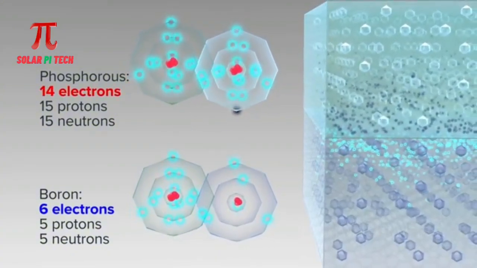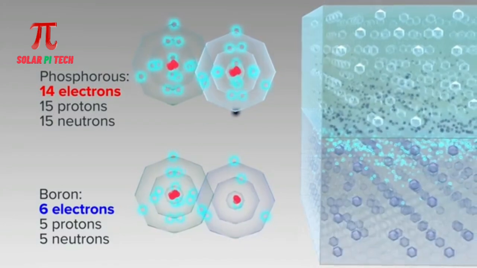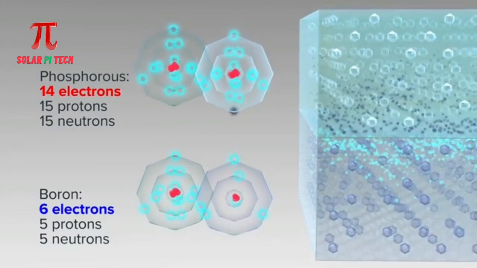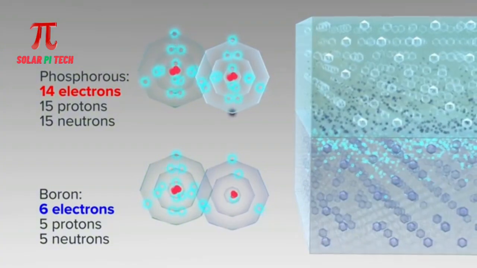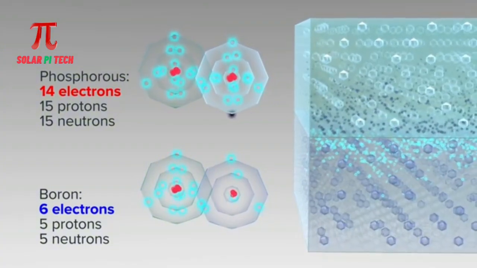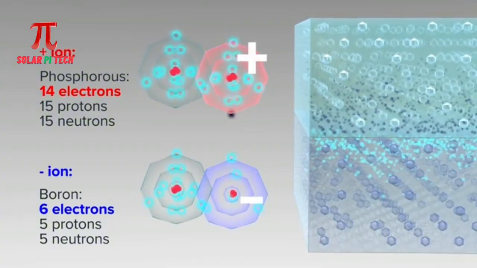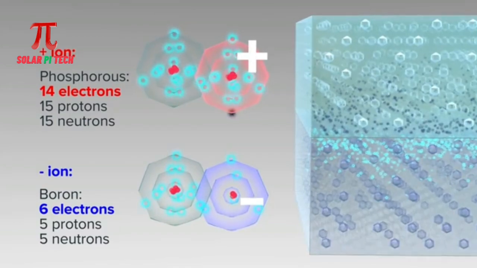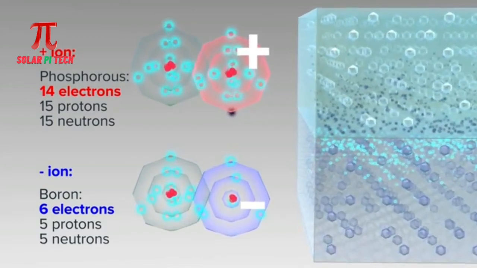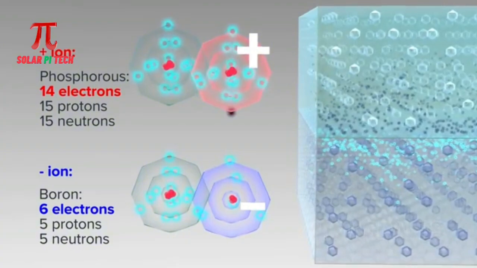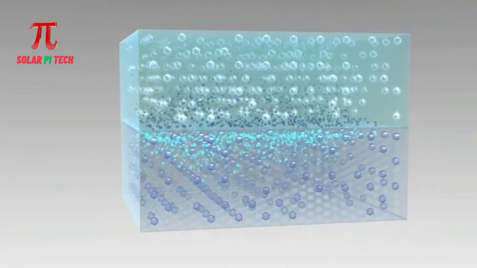When these electrons wiggle free and try to equalize, the imbalance creates special, electrically charged atoms with unequal electrons to protons, called ions. Again, even though these atoms are now in the ion state, they're fixed in the silicon structure and won't move.